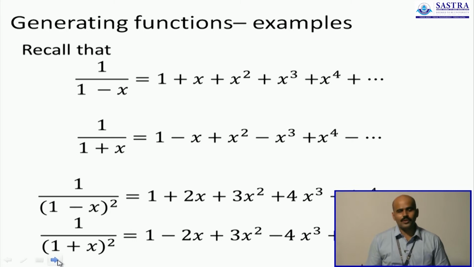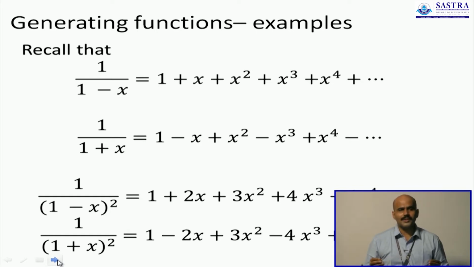Now, even though this is in terms of powers of x, it is not very difficult to understand that the terms are in geometric progression. I keep multiplying every term by x. 1 times x is x, times x is x squared, times x is x cube, so on and so forth.